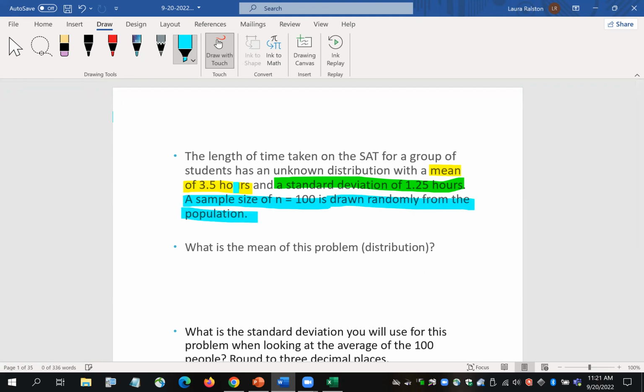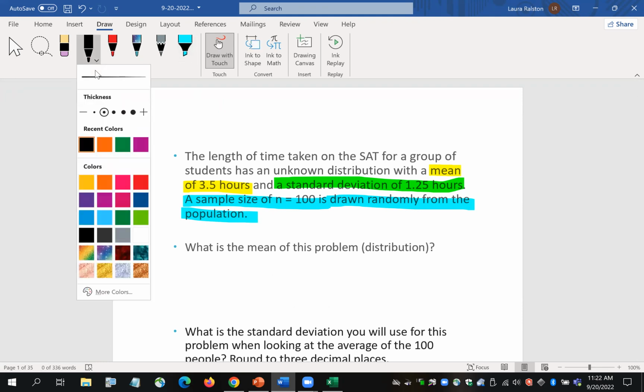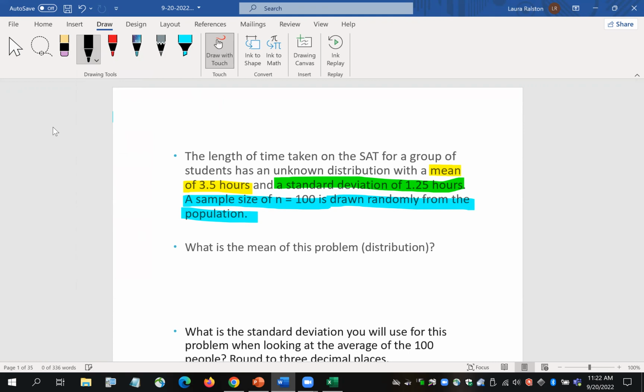from the population. If you go back and look at the problems from the previous lesson, two things are different. One, it told us in the previous lesson that my distribution was normally distributed, which notice it does not in this one.